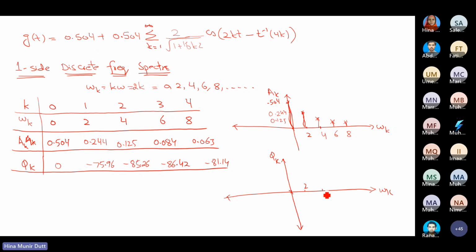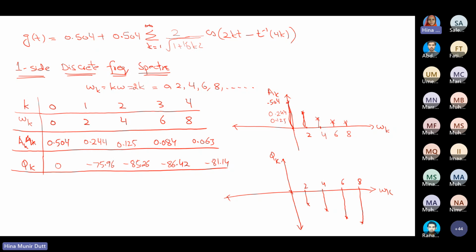0 पे 0 है, 2, 4, 6, 8 के वैल्यू है 70.9, फिर है 85, थोड़ा सा और आगे this graph, and then I have minus 86, and then 80 वाली थोड़ा सा इससे नीचे.